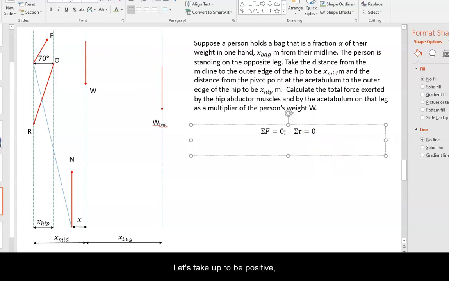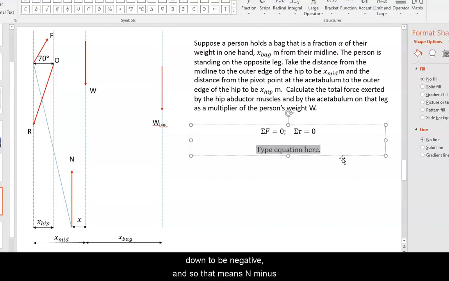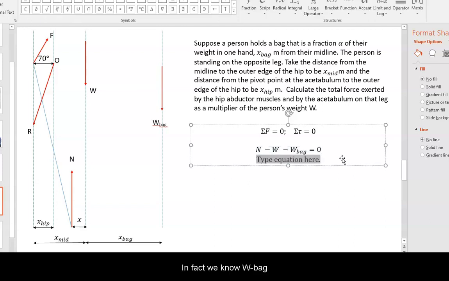Let's take up to be positive, down to be negative, and so that means N minus W minus W bag is zero, right? And in fact, we know W bag is this alpha times W, your weight, because we expressed it in terms of a fraction of the weight.